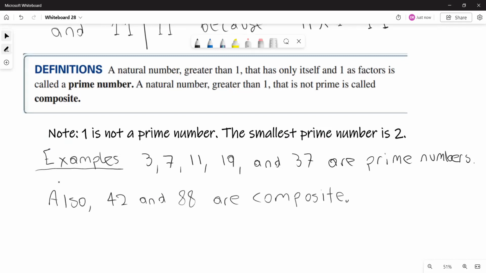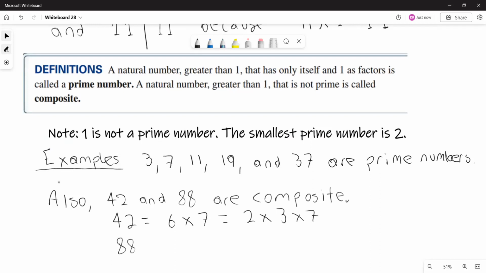They have divisors other than 1 and themselves. Like 42, you could write this as 6 times 7. But that's not the only way. That could also be 2 times 21 or 3 times 14. At the end, if you write this as a product of prime numbers, that's 2 times 3 times 7.